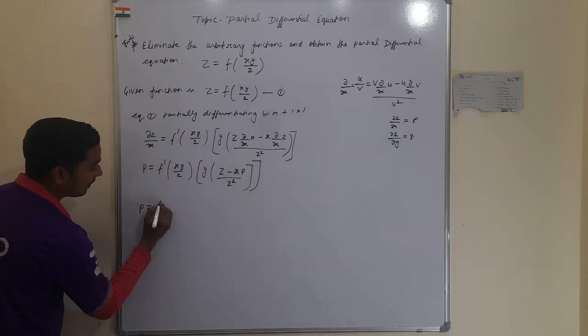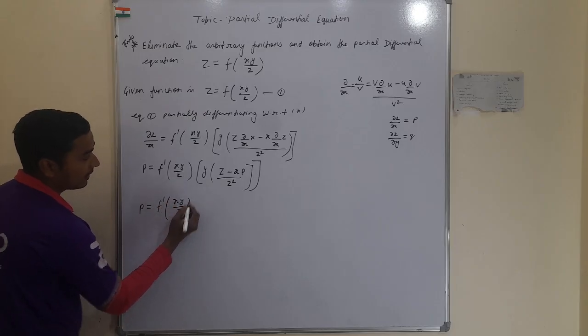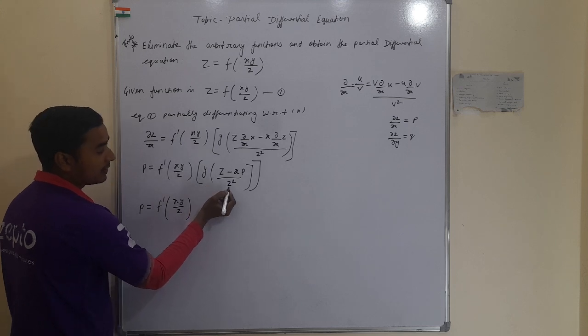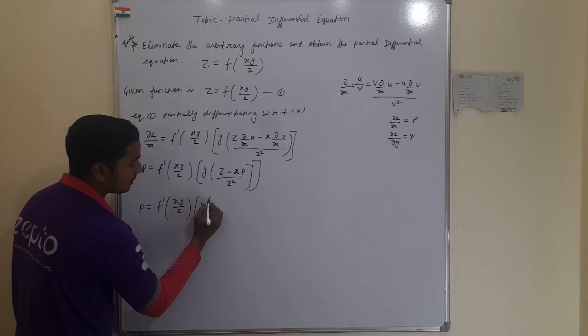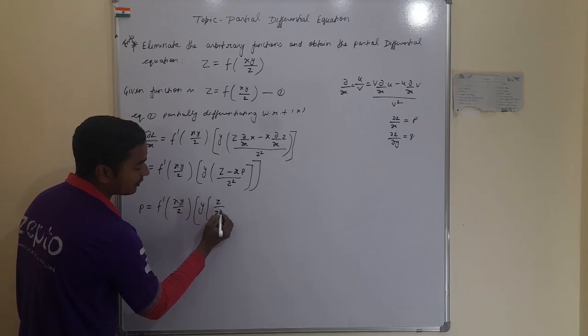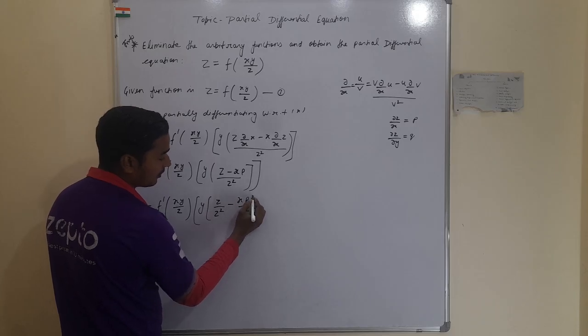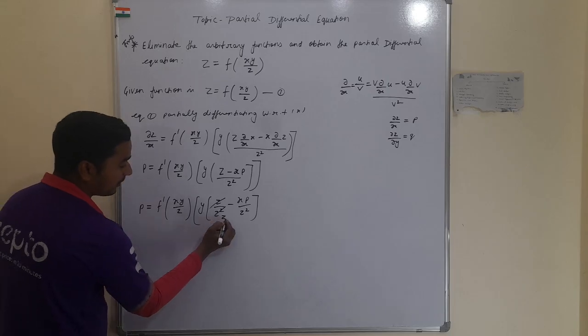So p is equal to f dash of xy upon z multiplied with y, and taking the denominator as common, this gives y, once again y is taken outside, z upon z square minus xp upon z square. Z to z is cancelled out, remaining z.